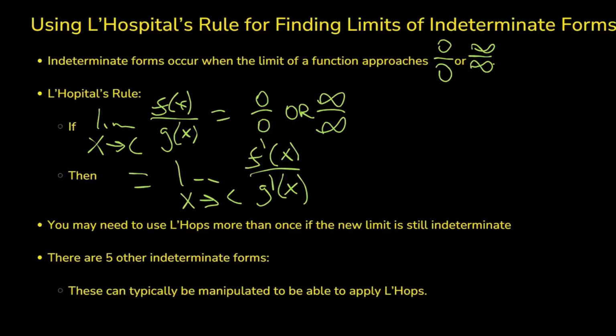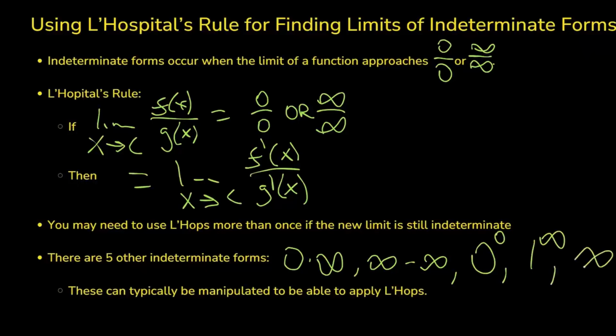Now, you may need to use L'Hopital's rule more than once if that new limit is still indeterminate. There are, however, 5 other types of indeterminate forms: 0 times infinity, infinity minus infinity, 0 to the 0, 1 to the infinity, as well as infinity to the 0 power. Now, these can typically be manipulated to be able to apply L'Hopital's rule by rewriting them somehow so that you get either 0 over 0 or infinity over infinity.